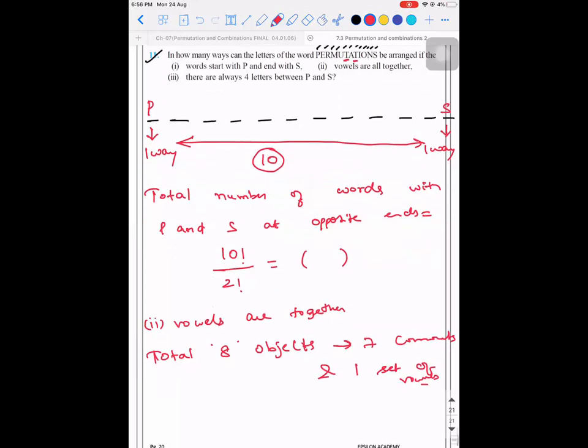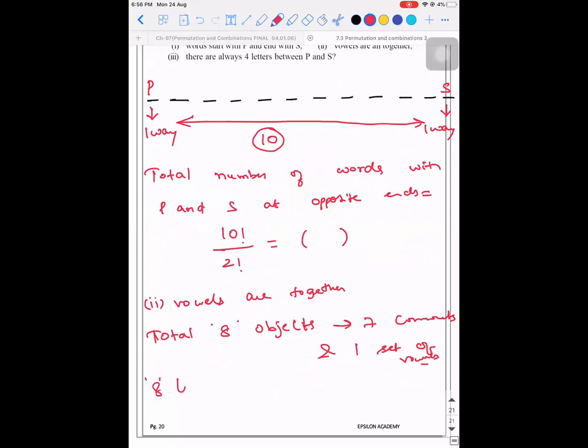So the 8 objects among themselves can be arranged in 8 factorial ways. Is that all? You are missing something.